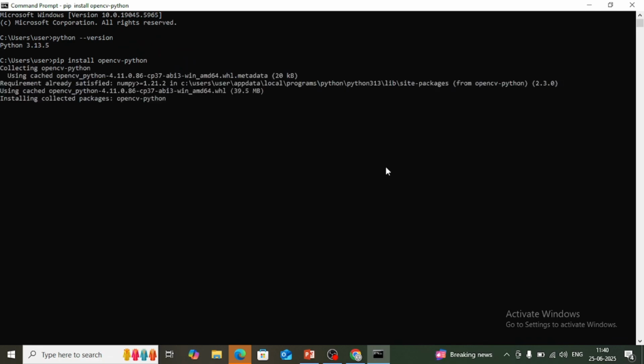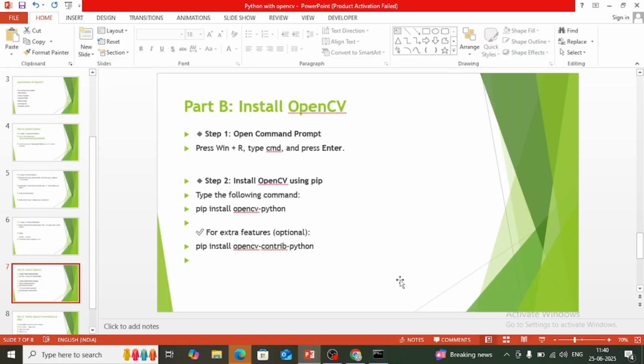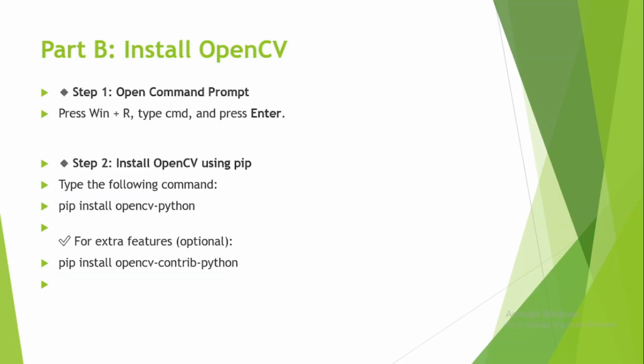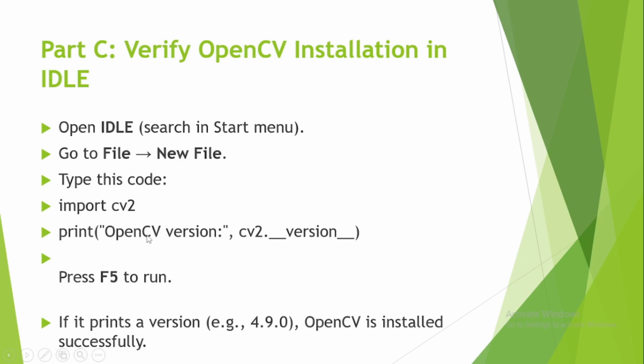You can see the installation gets started, and here you can see it successfully installed opencv-python with version 4.11.0.86. Okay, so we have installed OpenCV.